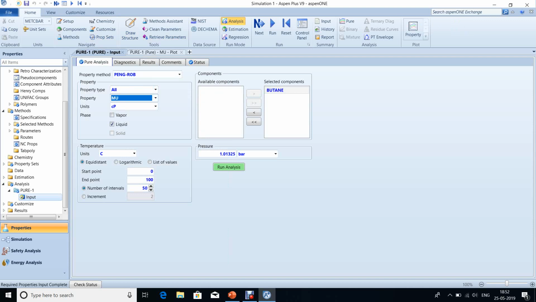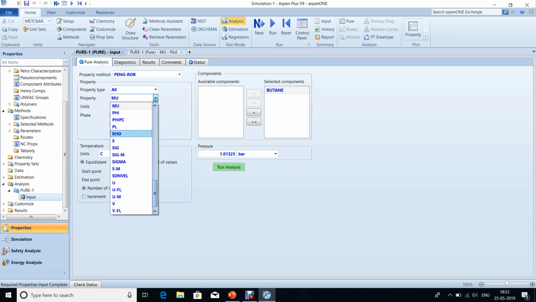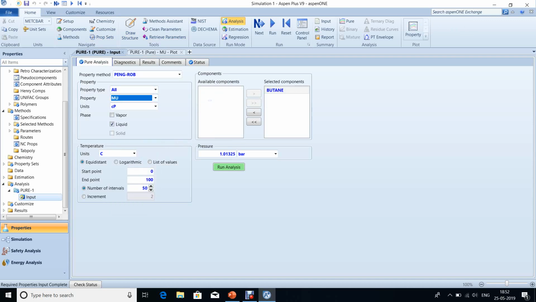We can select any property from here. We would have other available components. So this is nothing but a pure property. If instead of one I had two components over here, then I would be required to provide its mole fractions or mass fractions to see its mixture property.